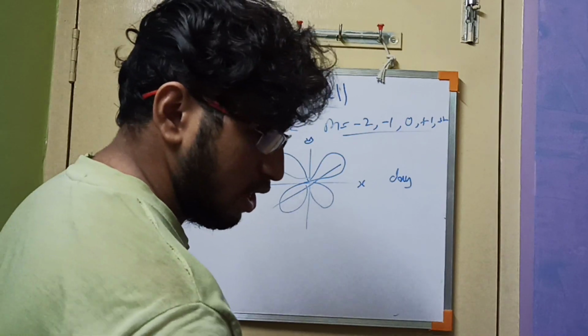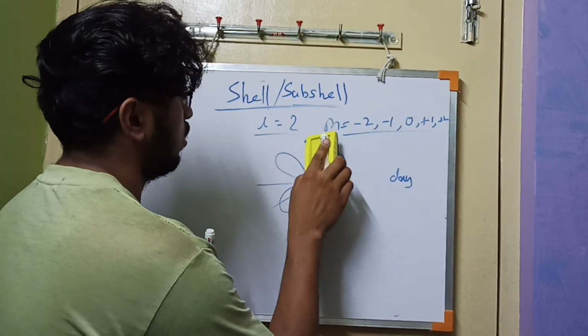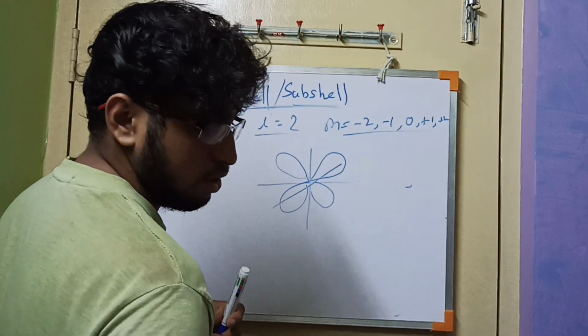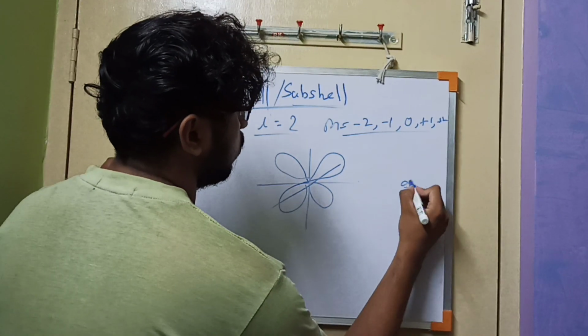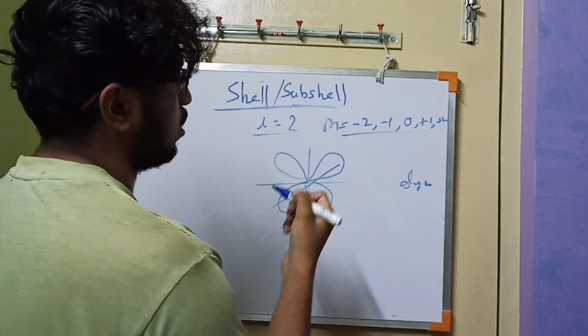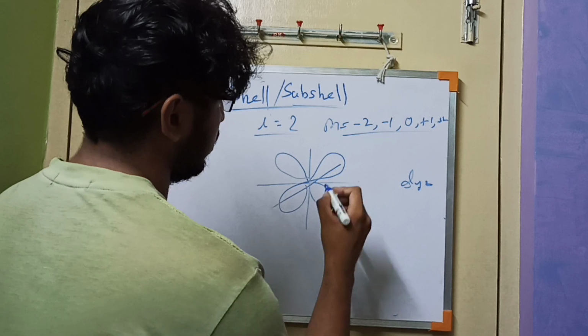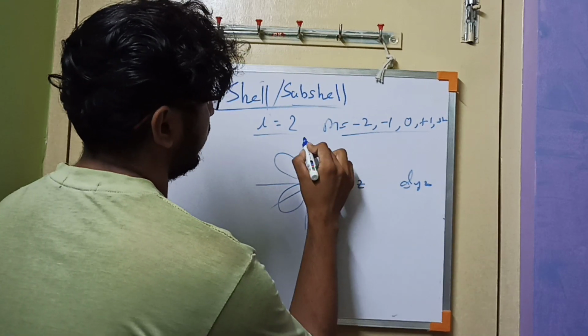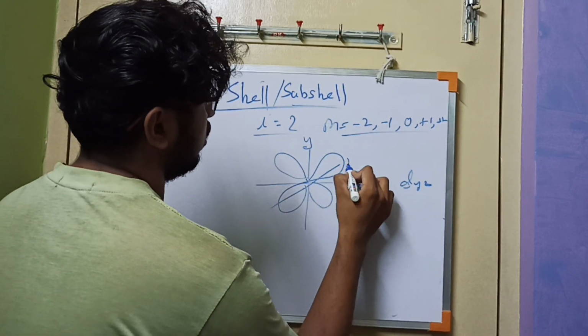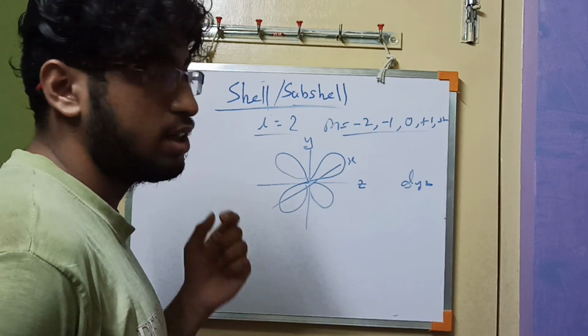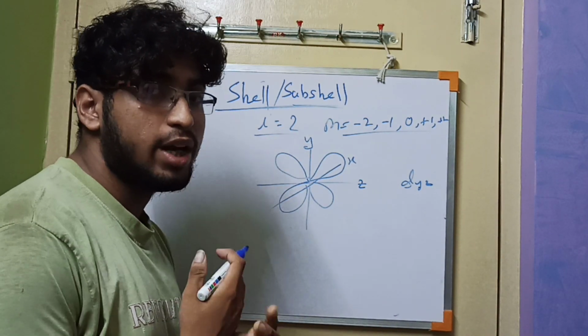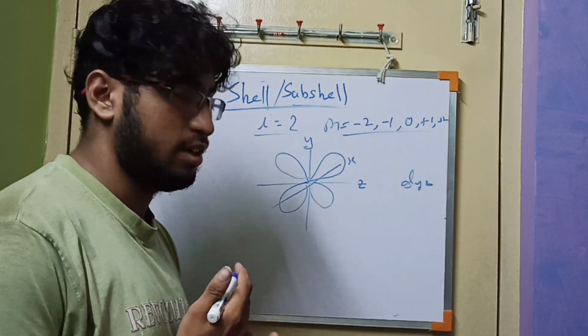Similarly, if we have to draw dyz, we can just change the axes. It will be z, it will be y, and this axis will be x. That means dyz will be in the plane of y and z.